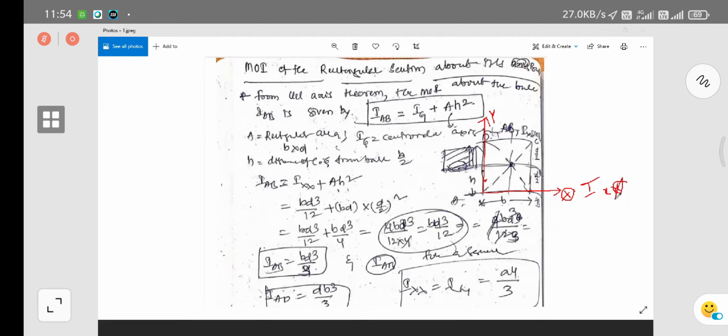Because it is a second moment of area: the perpendicular distance is taken from the reference axis, and the square of this distance times the area of the total rectangle gives the moment of inertia, or the second moment of area. That's why we represent it with the suffix xx.